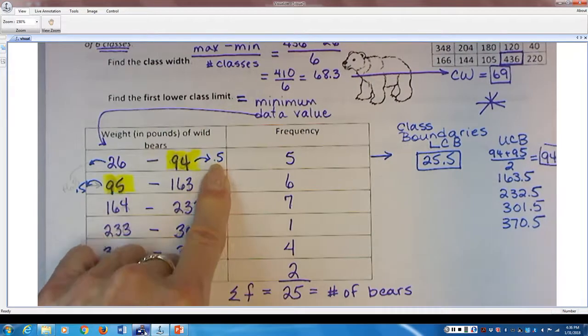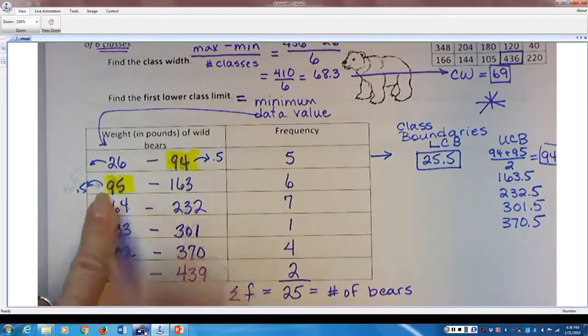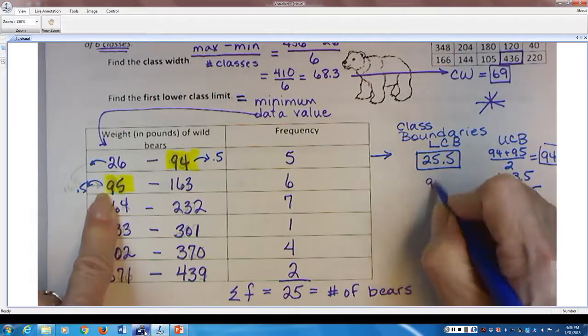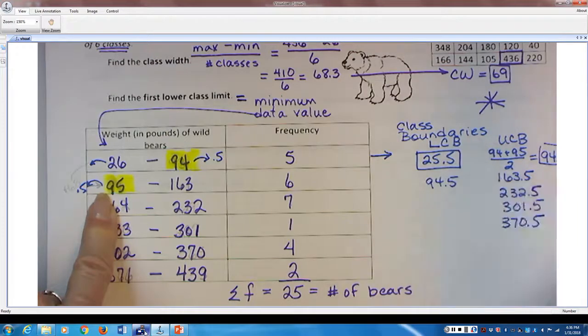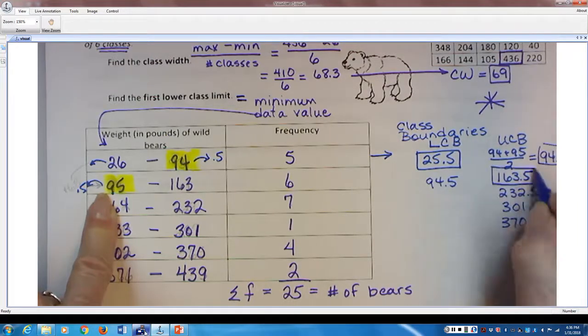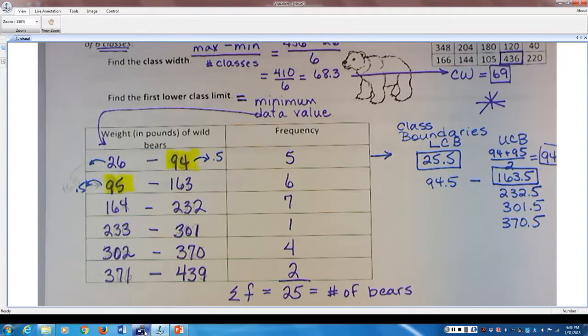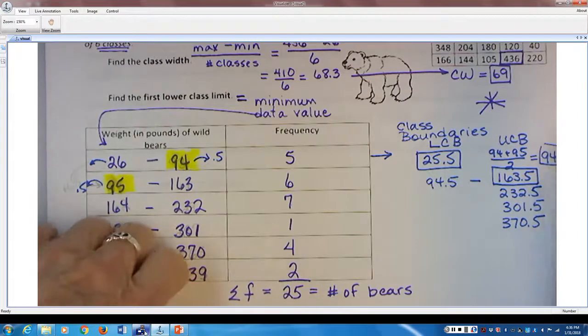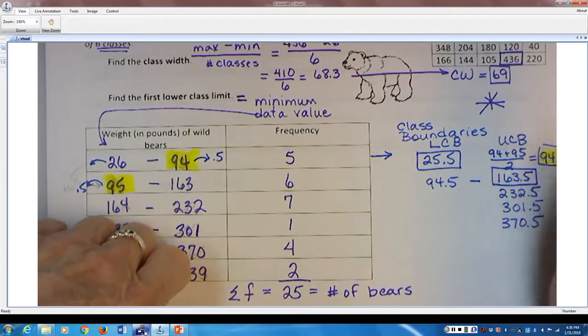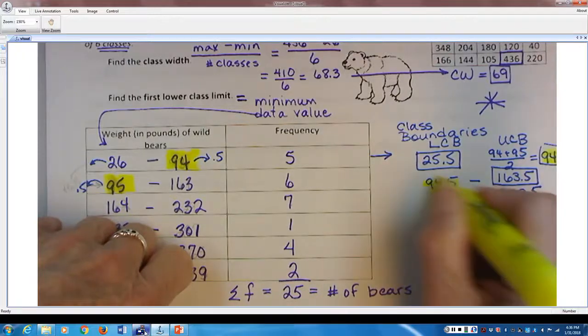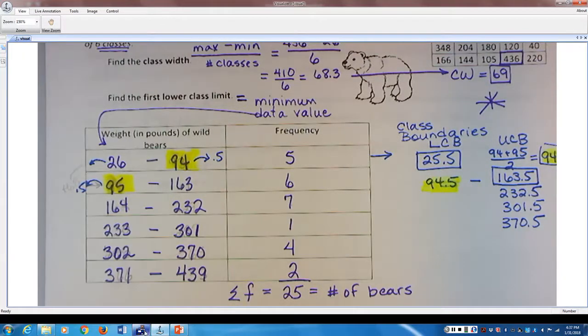My second set of class boundaries, and this actually makes it easy, this class begins at 94.5 and goes up to 163.5. So this upper class boundary is dead up against itself to be the next lower class boundary.